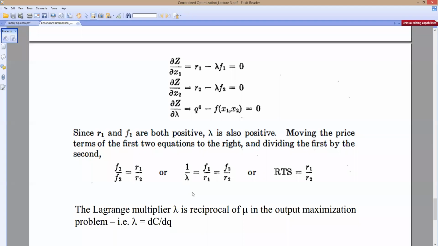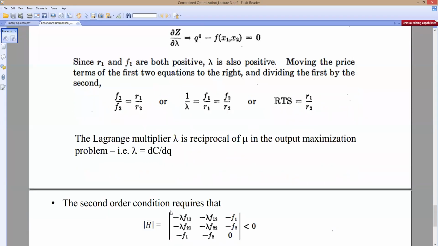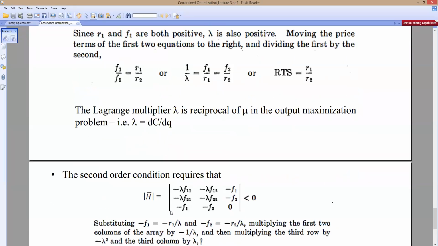Since this is the dual problem with respect to the primal one, you are getting the thing in terms of reverse position. The similar thing will happen if you consider the other context. In the earlier context, you got the Lagrange multiplier as dq by dc, and here you are getting it as dc by dq, change in cost due to change in output.